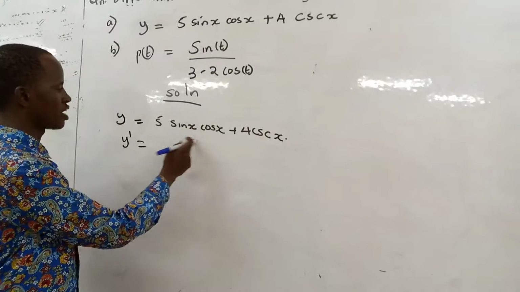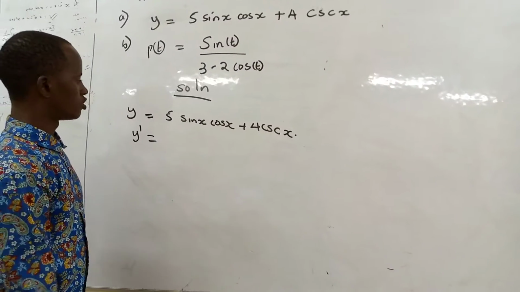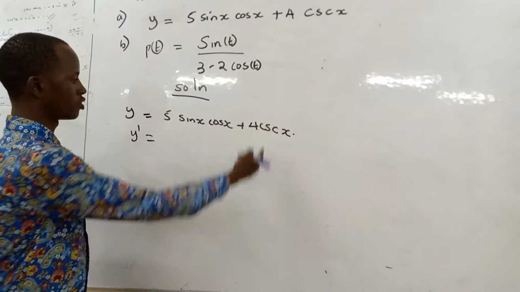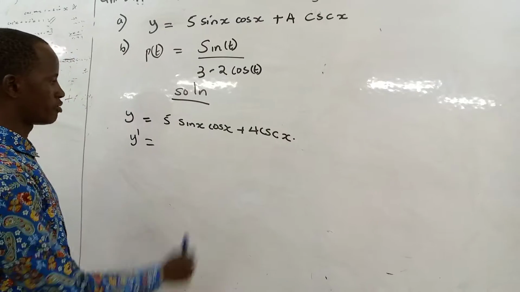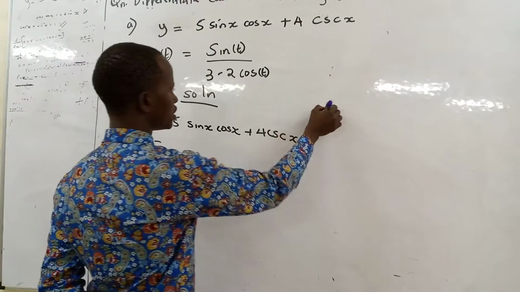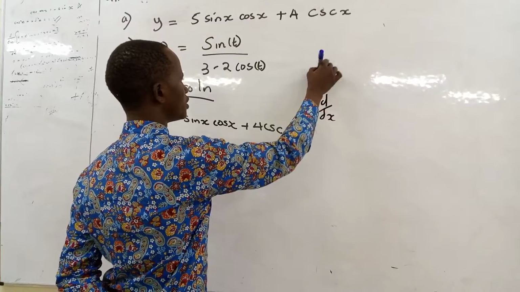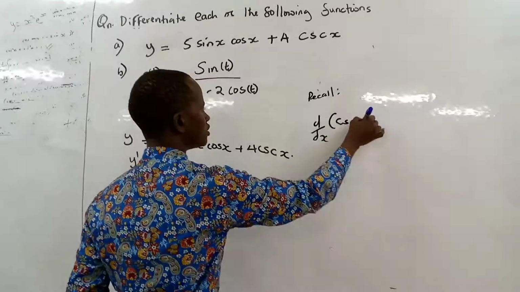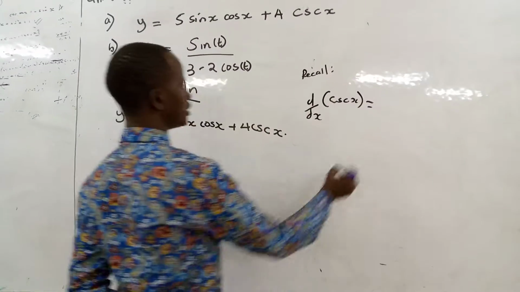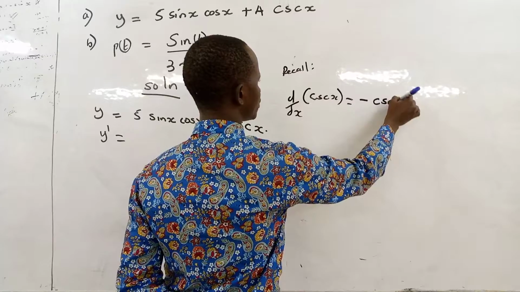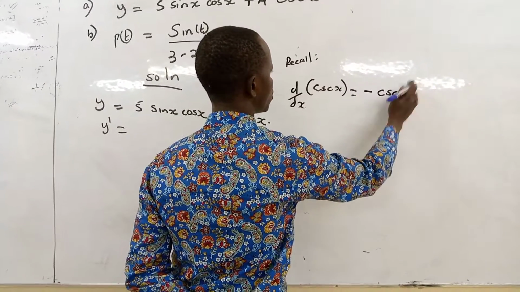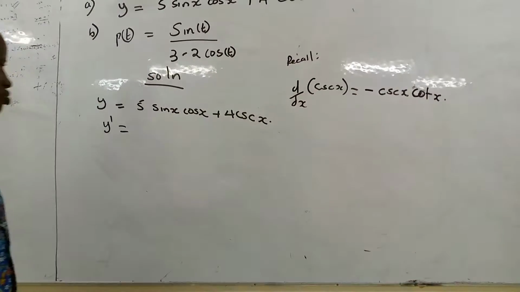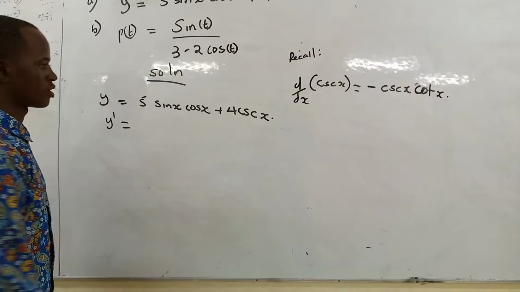What we are going to do here is apply the product rule for the two terms. Then you have to be familiar with the derivative of the cosecant, which is given by negative cosecant of x cotangent of x. That's what we are supposed to keep in mind, how to find the derivative of the cosecant.